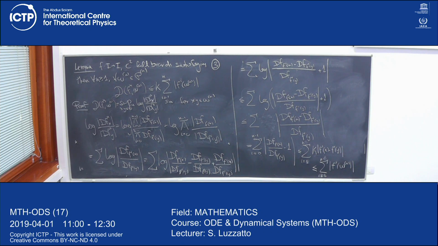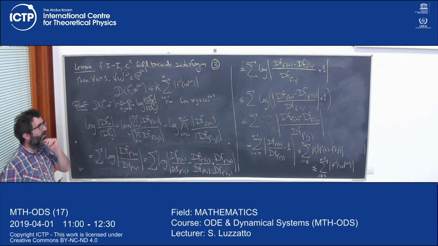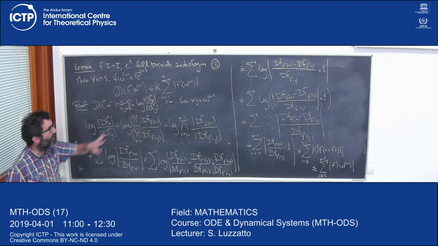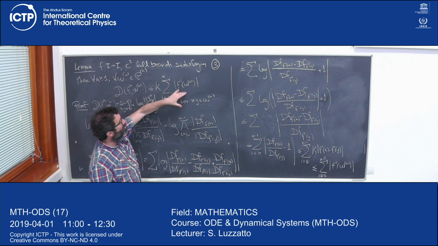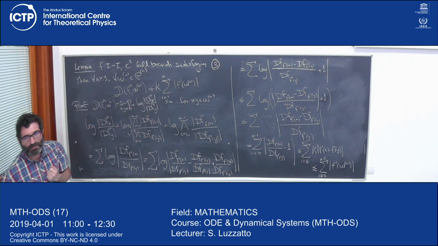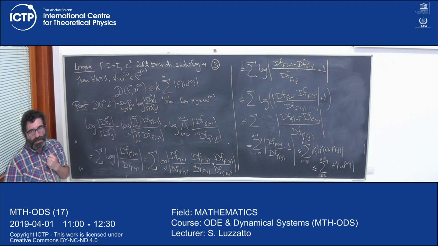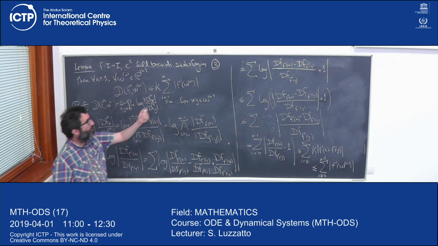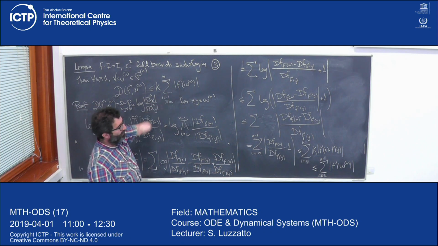Okay, so I encourage you to make sure that you learn this calculation. However simple it is, it's quite a crucial calculation because it gives the distortion in terms of the sizes of the images. Now, the problem is to consider how to bound this.